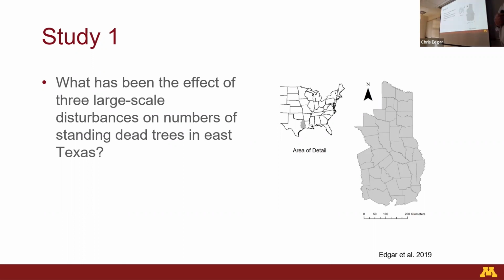So I decided to jump into the FIA data to help me learn it better, but also to think about how I can leverage the FIA data to understand how multiple large-scale disturbances that have occurred fairly rapidly in time have affected the forest. The study area here was East Texas, which is a very significant timber area.